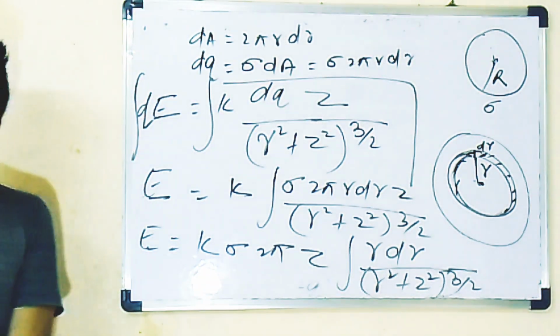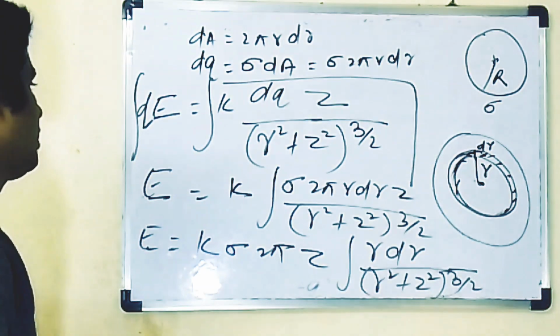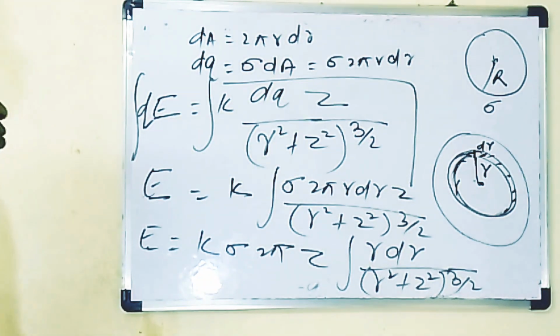So how to integrate this? Simply take r square plus z square equals t. I hope you understood the concept.